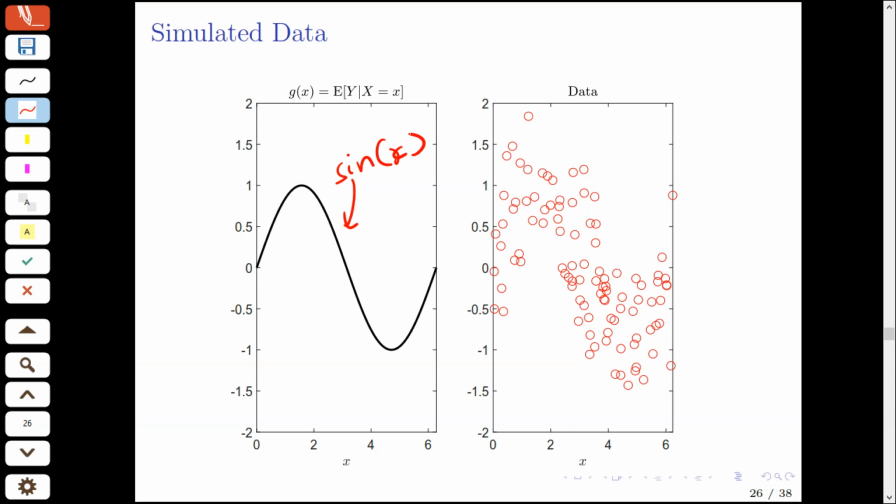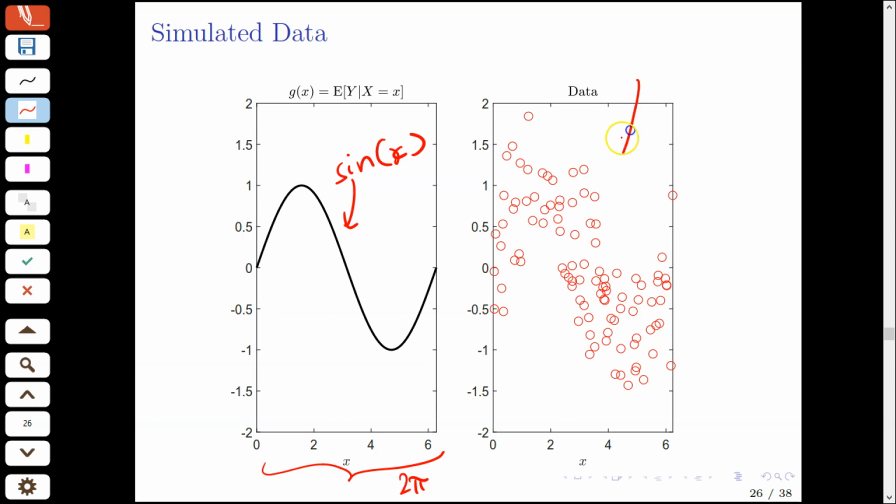And here, again, the particular simulation design is not that important, but x has support equal to 0 to 2 pi. That's just to make sure that we would be able to trace out the entire sine wave.